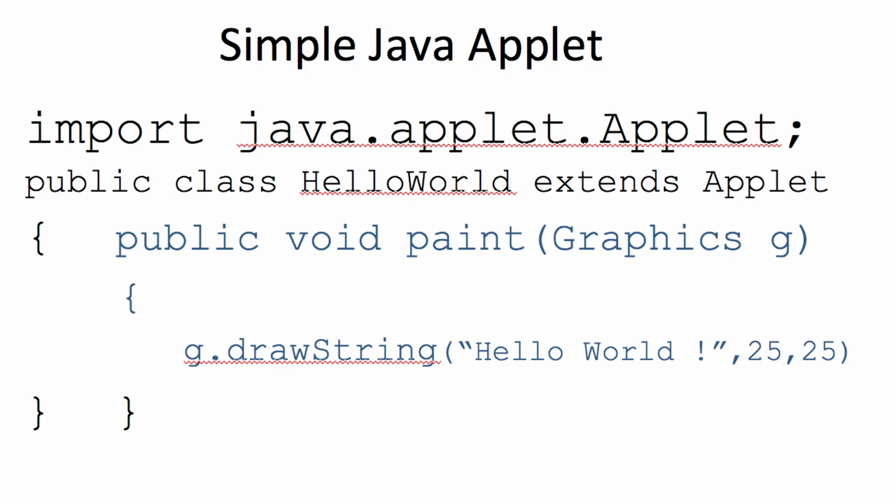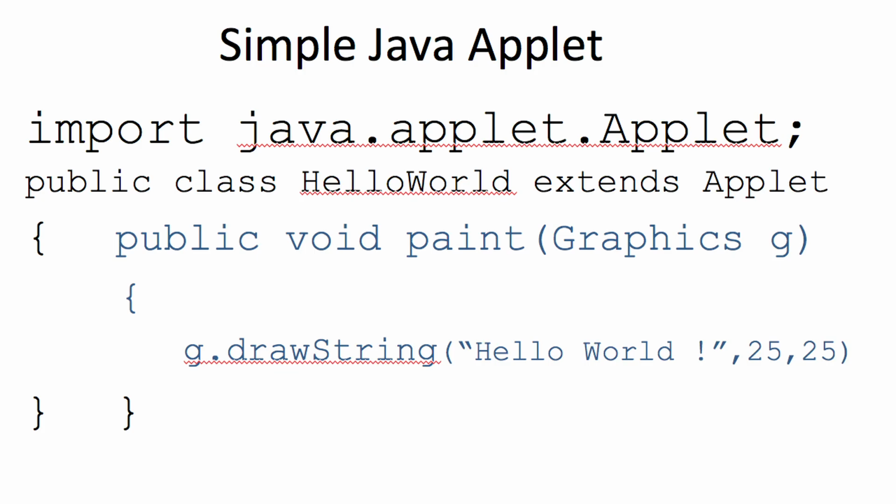Now see, inside this paint function we have g.drawString. So here we are writing the drawString function. In the previous application program we wrote System.out.println. To print anything, to send to the output, we use System.out.println, and inside the brackets we write the string as well as variables.